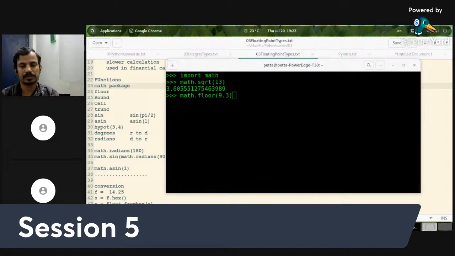I'll just check. Nine. Okay. So what do you make of the floor function? We get the integer value. Integer value. Okay, what integer value?